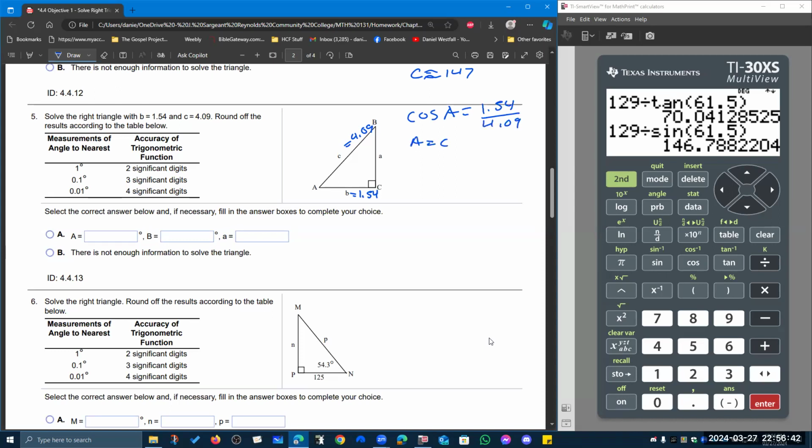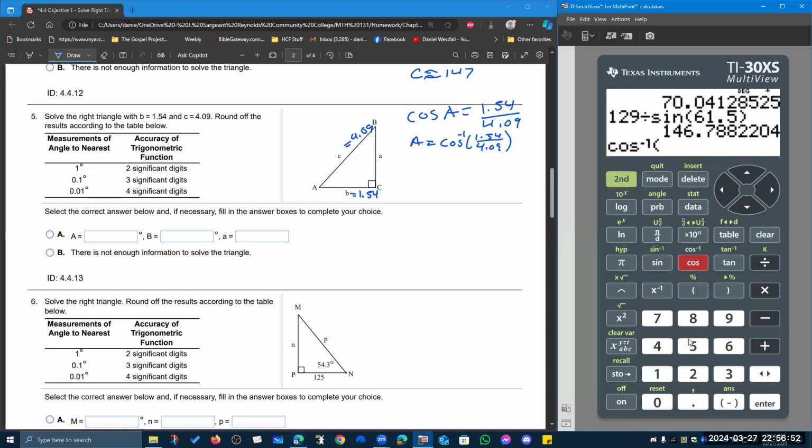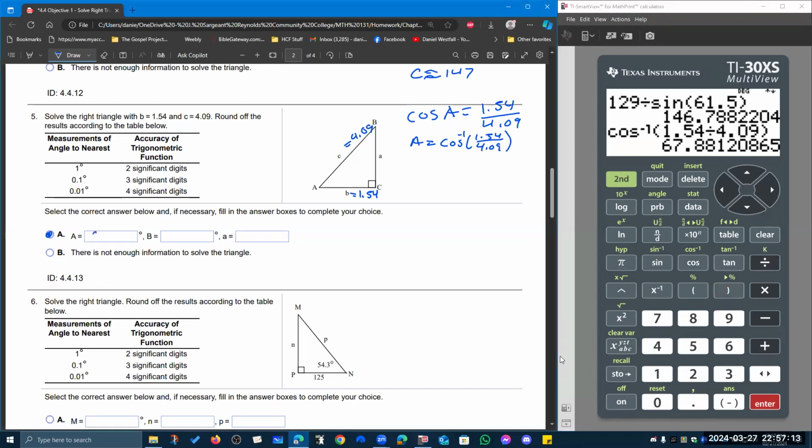So A is equal to arc cosine of 1.54 over 4.09. We have three significant digits here for our sides. So we're going to have to go to the nearest tenth of a degree, which is going to give us 67.9 degrees.